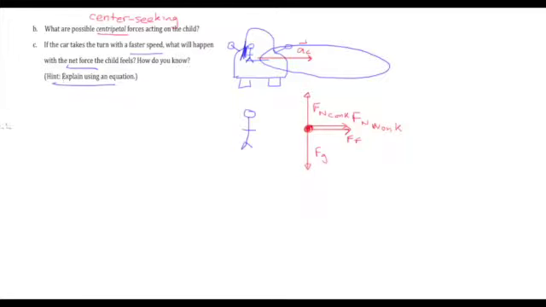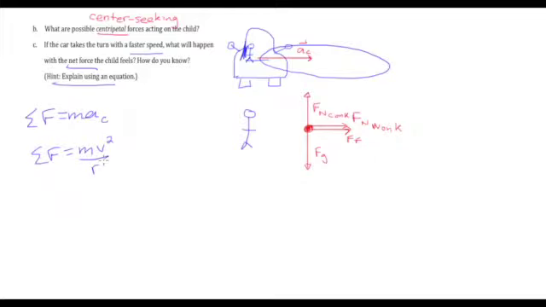Well, whenever we have net force, the automatic thing that should pop up in our heads is F equals ma. F equals ma, F is my net force, ma is my mass times my acceleration, but I need to relate that to speed. Well, how can I relate this to speed? Well, I'm going in a circle, so I know this is my centripetal acceleration, so we have v squared over r.